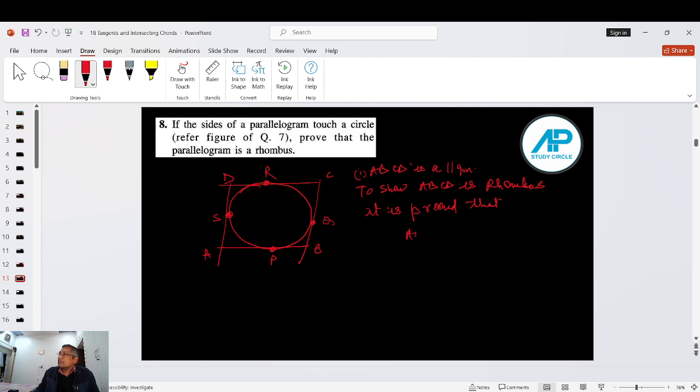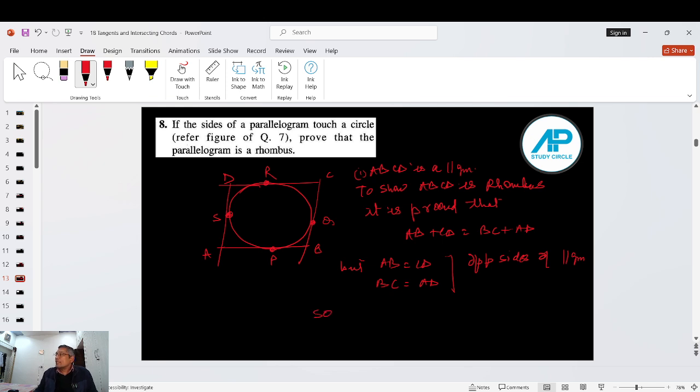that AB plus CD equals BC plus AD. Now here AB is equal to CD and BC is equal to AD. They are the opposite sides of a parallelogram.